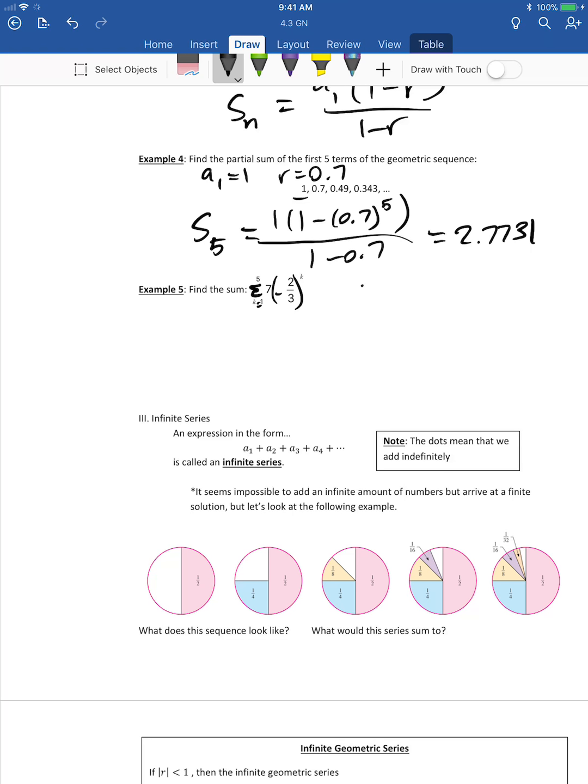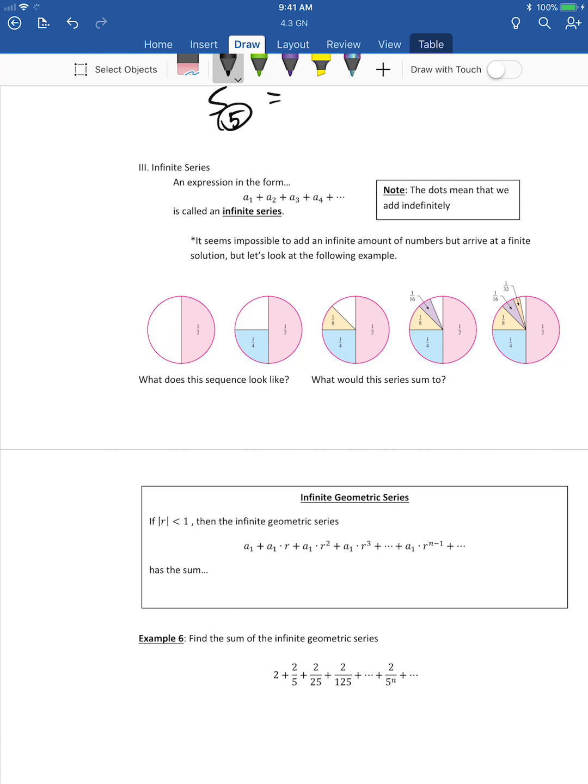Well, I don't know about you, but I see this expression in here, and I think that looks a whole lot like a geometric sequence. And that means I should be able to just use my geometric sequence partial sum formula. Ending with 5 means I want the 5th partial sum. And why don't you try working the rest of this out on your own? We can talk about this in class. All right?